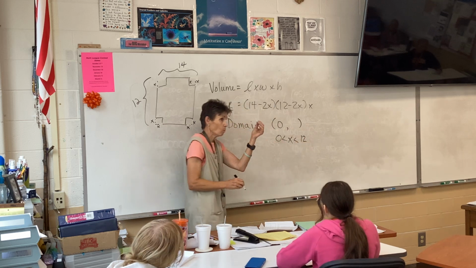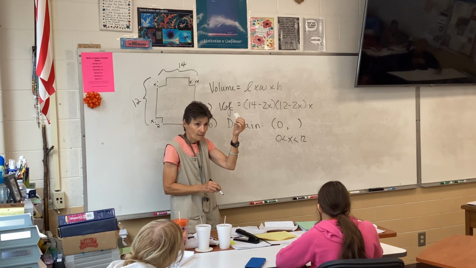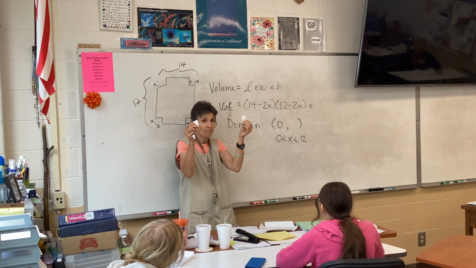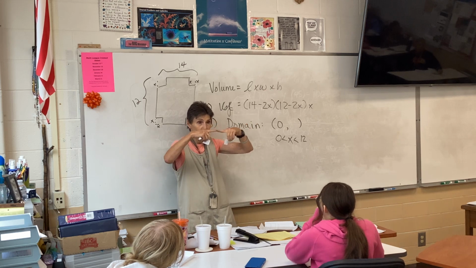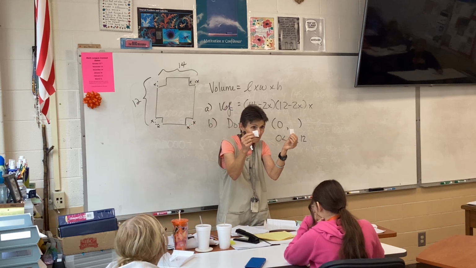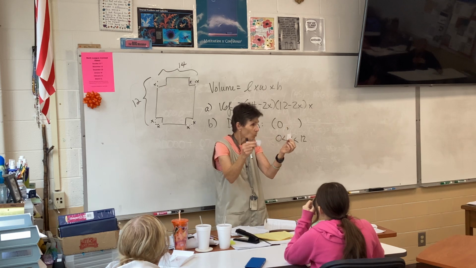Now remember, what's X? X is the corners. Didn't I take a corner off each side of my paper? So if this is only 12 across, and I'm going to take a corner off each, they can't be 12. You can't take 12 and 12 out of 12.